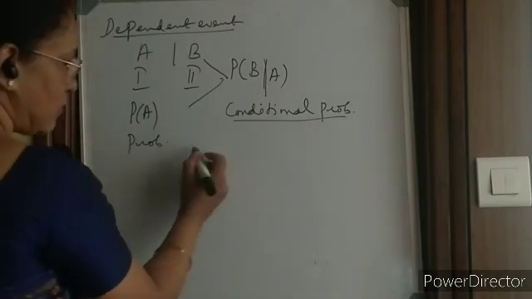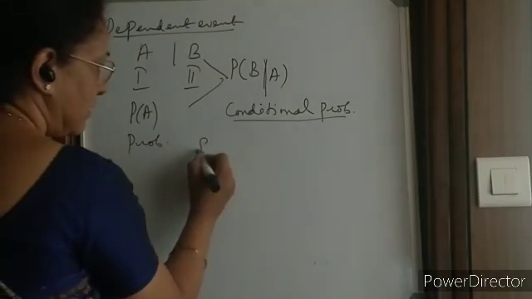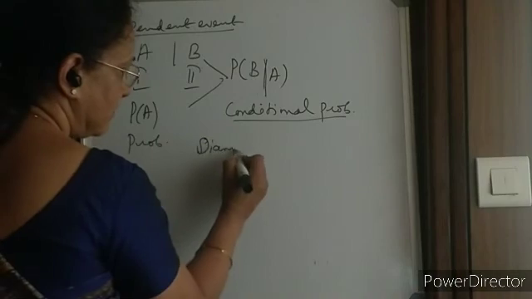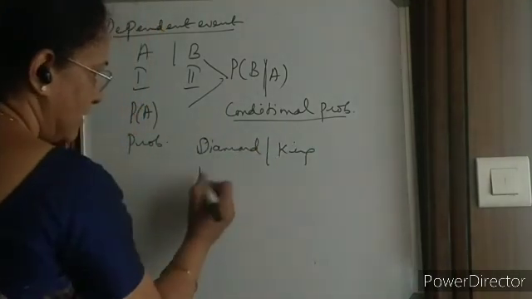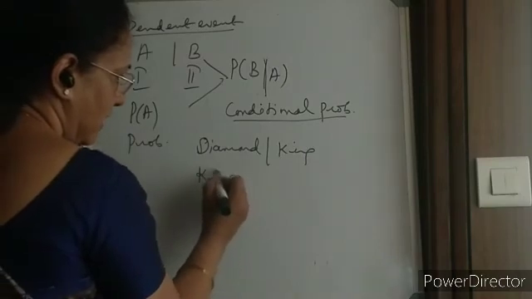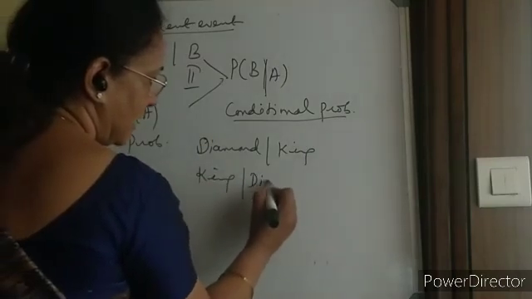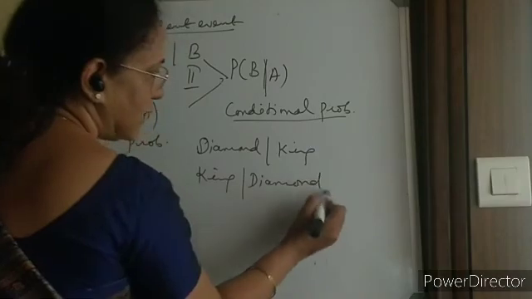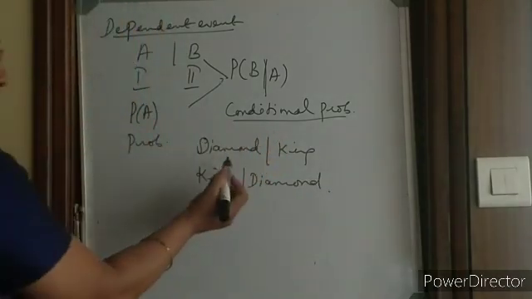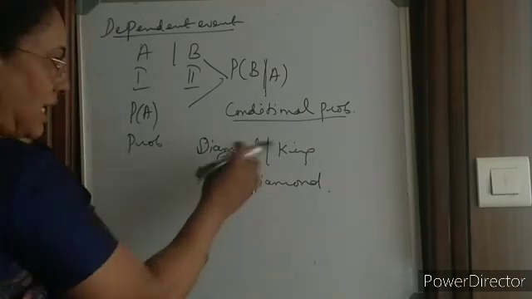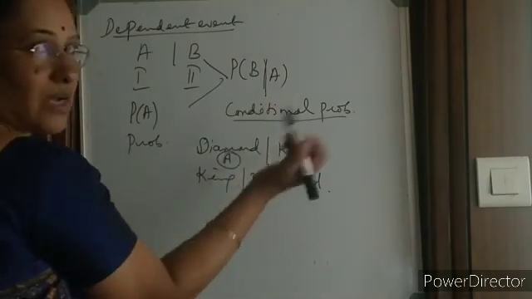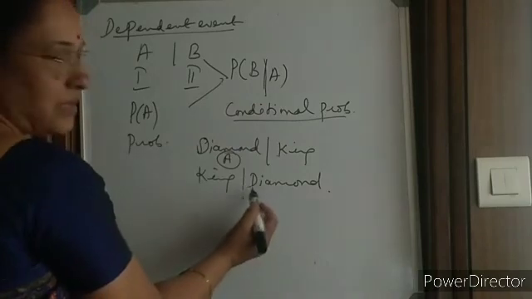To give you an example, the event of drawing a diamond card under the condition it is a king card, or you can say the other way also: drawing a king card under the condition it is diamond. Two events will be there. The first event A is that you take only diamond cards. After that you draw one king card out of these diamond cards.